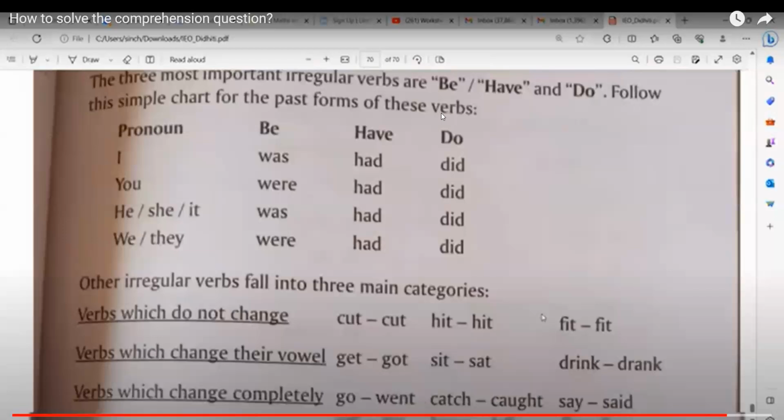After surprise, there will be a d added to it: surprised. Very good. Excellent, Shivam. Nice sentence. Just keep the tenses in mind. You have to make the whole thing in the past tense.